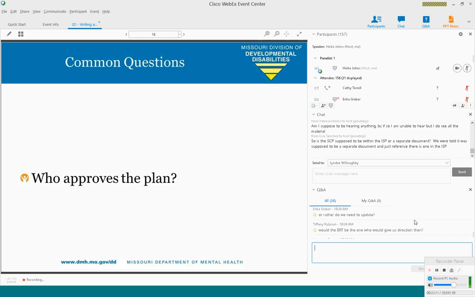There's another question. When there's already an active behavior support plan in place, we do not need a safety crisis plan in addition to the behavior support plan, correct? So the behavior support plan is not the same thing as a safety crisis plan. If you have behavior services in place, the behavior analyst should assist the team in coming up with a safety crisis plan, which would then be incorporated into the BSP.